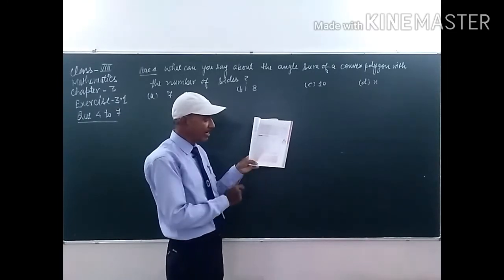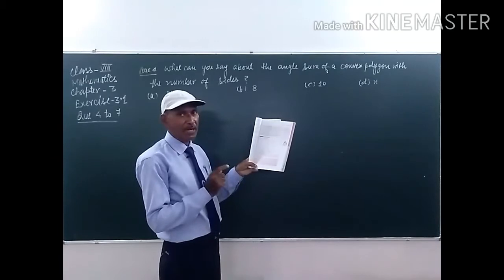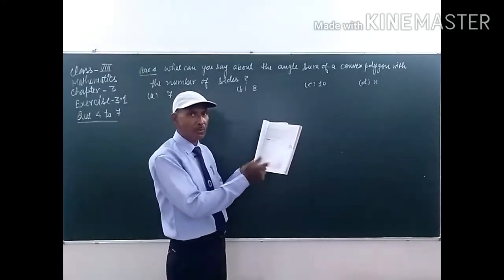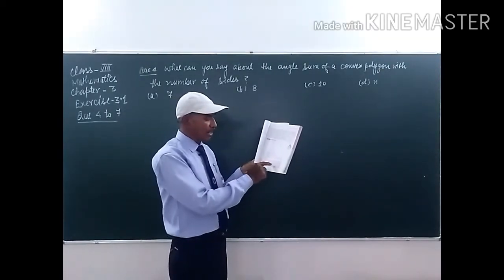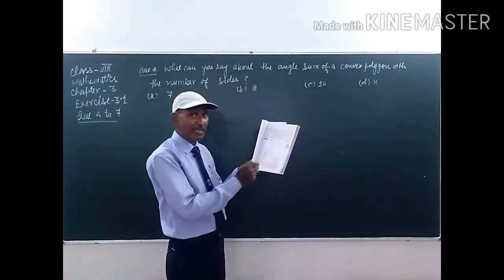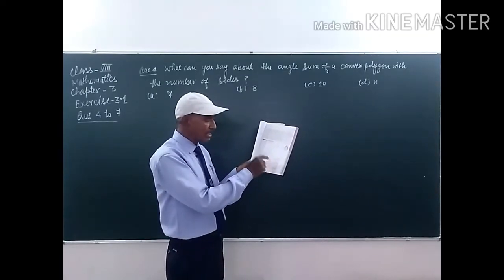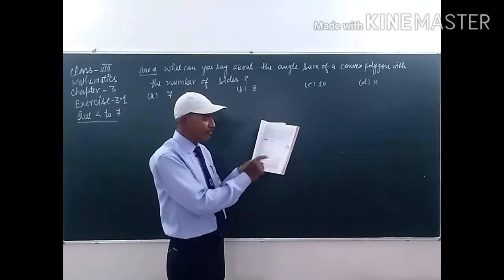There are 3 triangles and the number of sides in a pentagon is 5 subtracted by 2, that is 3 into 180. It means if we multiply 180 by 3 we find that it is 540 degrees. So the sum of the interior angles of a pentagon is 540 degrees.